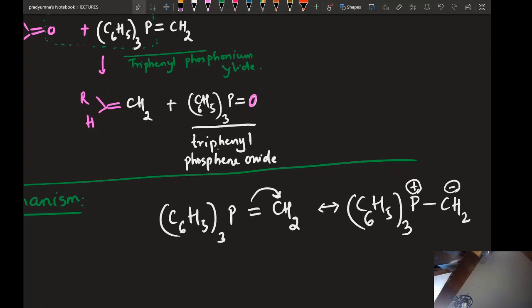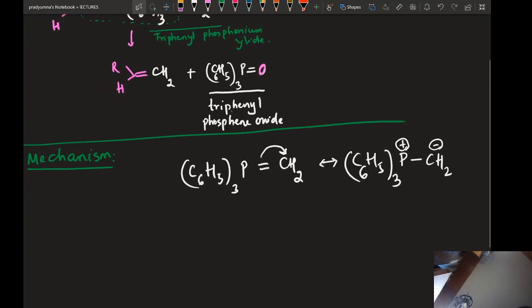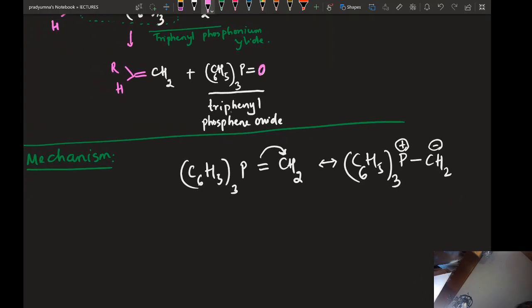Obviously you observe here that the carbon atom has excess negative charge. So what does that mean? Let's look at the reaction here. Let me write this one down: RCHO. We all know that the carbonyl carbon is going to be delta positive and the oxygen is delta negative. If I put my halide right next to it, can you tell me which one is going to react where?